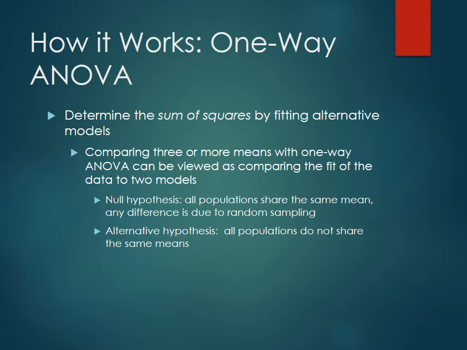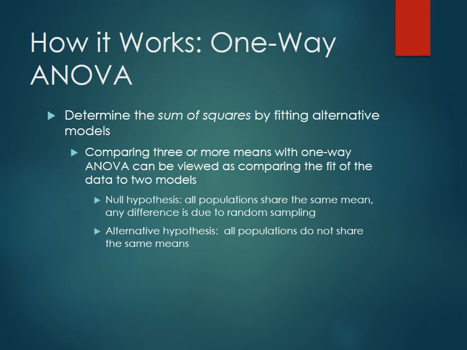So for a one-way ANOVA, and again, I'm not going to ask you how to calculate this specifically. I'd more ask you, in what situations would you want to use a one-way ANOVA versus, say, an unpaired t-test? But just so you know how it's done, basically they're determining the sum of squares by fitting alternative models. What that means is that comparing three or more means with a one-way ANOVA can be viewed as comparing the fit of the data to two models.